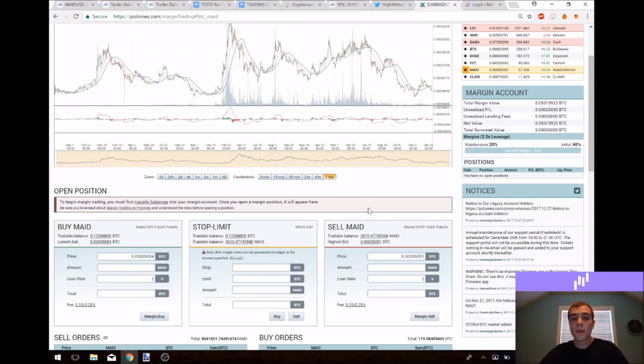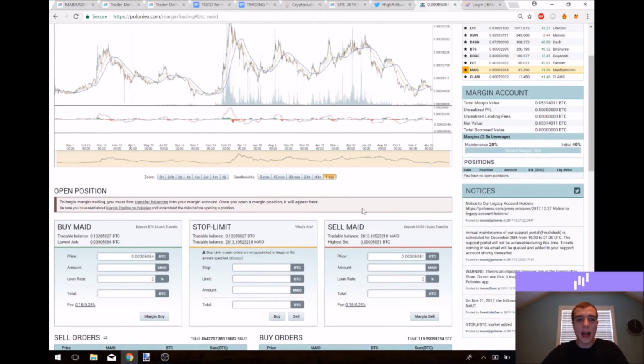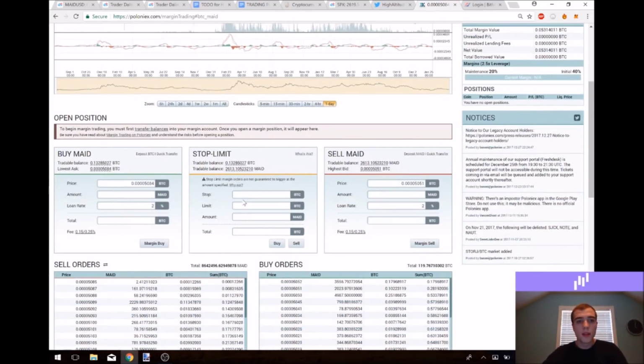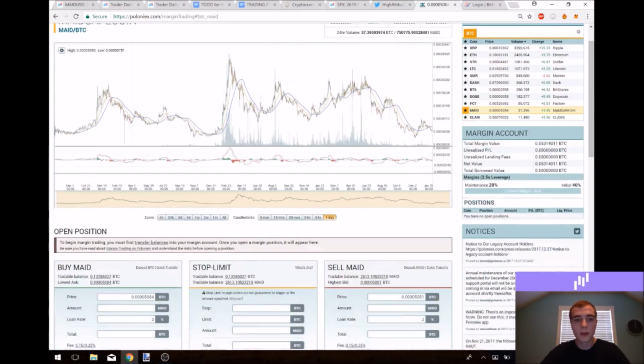Now, this gives you an idea of how I manage my risk in margin. I have a tradable balance of 0.132 Bitcoin, and I have an account balance of 0.053 Bitcoin. So that means that's 2.5x leverage. As you can see right here on the right of my screen, margin is 2.5x leverage.